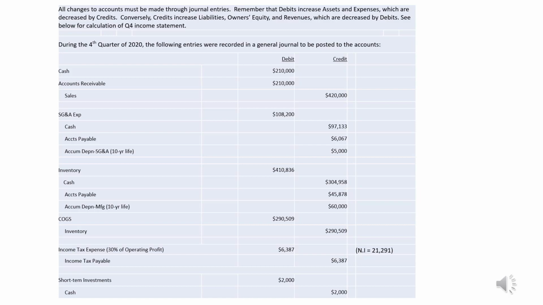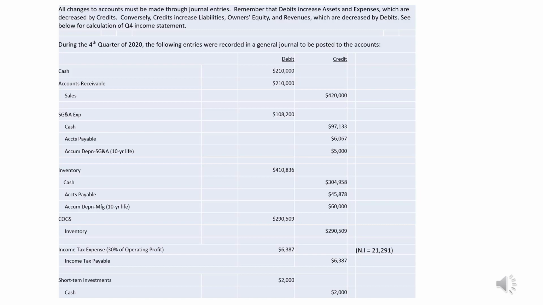We follow the same process on the manufacturing equipment. 10 years worth of life divided by 4 quarters, that gives us $60,000 of depreciation on the manufacturing equipment per quarter. Also, I purchased $410,000 worth of inventory, and it broke down by $304,000 in cash, $45,000 in accounts payable, and then of course the depreciation expense applied to that inventory.